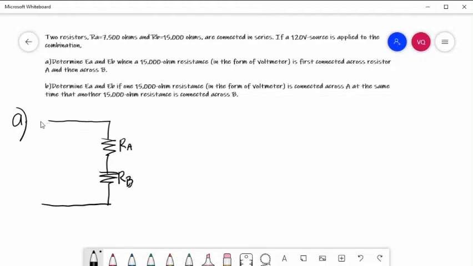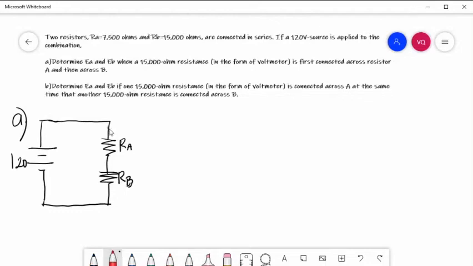Connected to a source which is 120 volts. The condition at letter A is when a 15,000 ohm resistance in the form of voltmeter is first connected across resistor A.